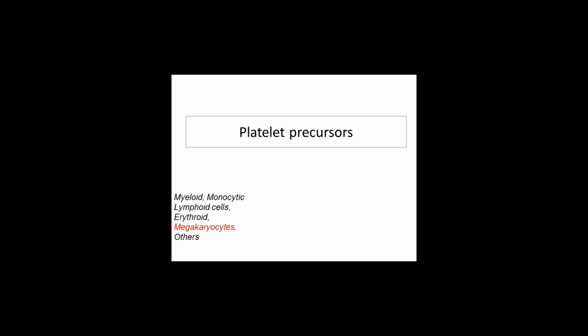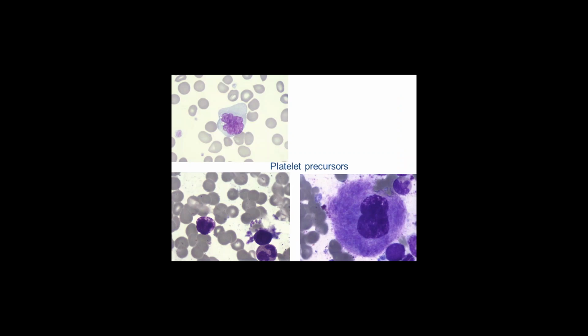Now coming to the largest cell of the bone marrow, that is the megakaryocyte. Once we look at a bone marrow aspirate, the first thing that we see is a megakaryocyte because it is the largest cell and can be identified easily.